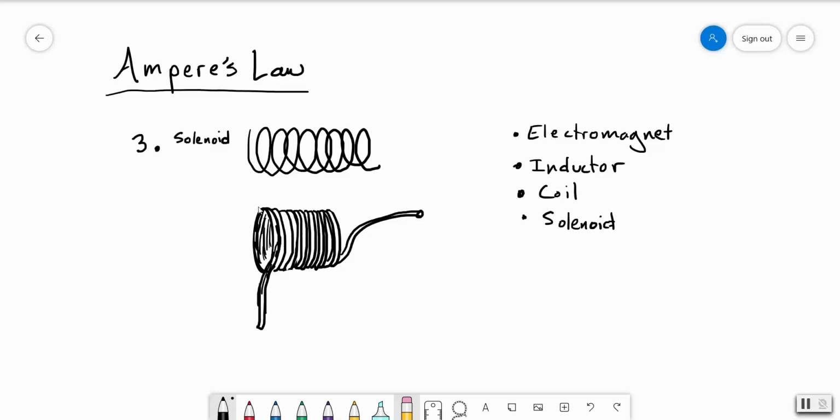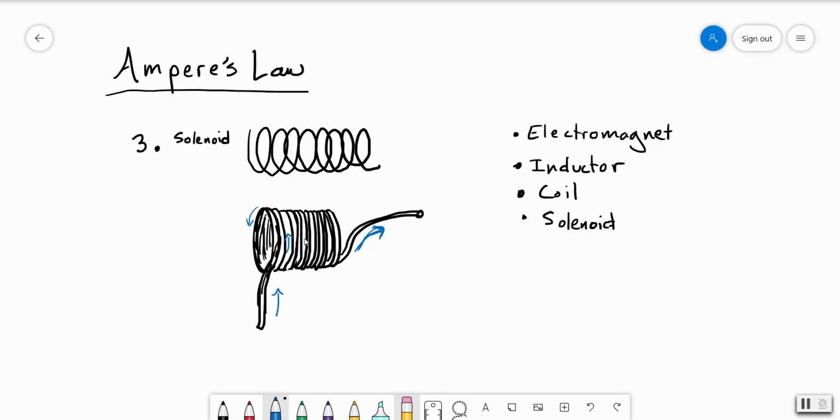But the bottom line here is that you have hoops, and if you allow a current to flow this way through your hoop, it's going to go up in the front, and then it's going to go down in the back, and then it's going to go back up in the front, and then down in the back, and it's going to keep doing that, and then it's going to leave your solenoid out the other end.